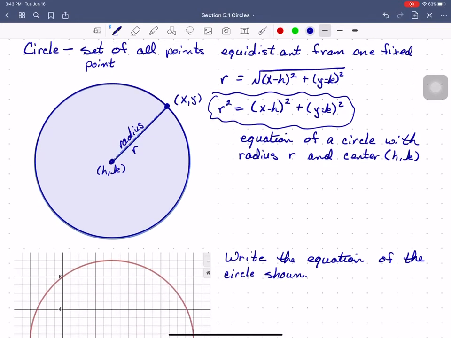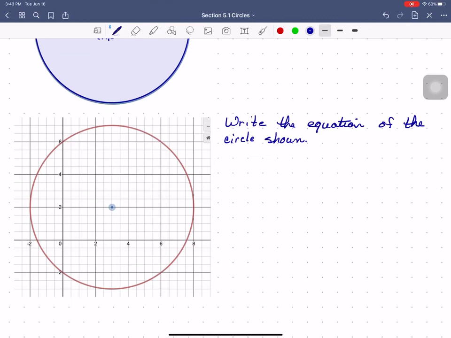So let's practice. Let's write the equation of this circle that is shown. We know the equation of the circle is r squared equals (x minus h) squared plus (y minus k) squared. So let's start with the coordinates at my center point.